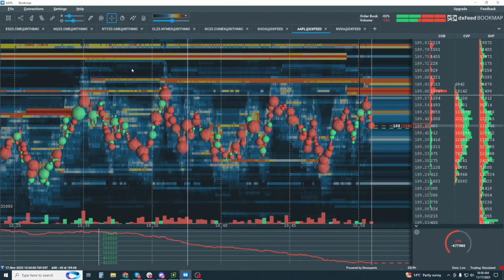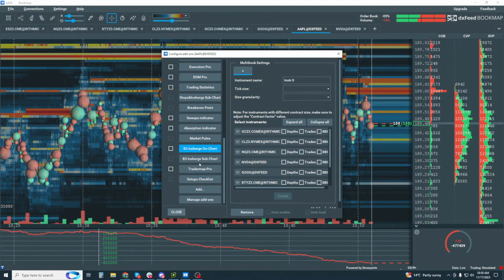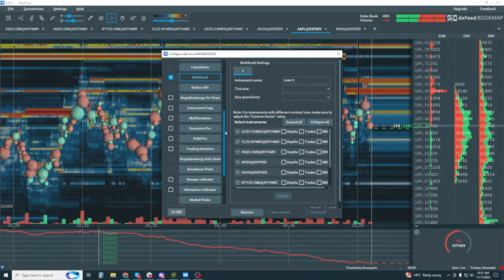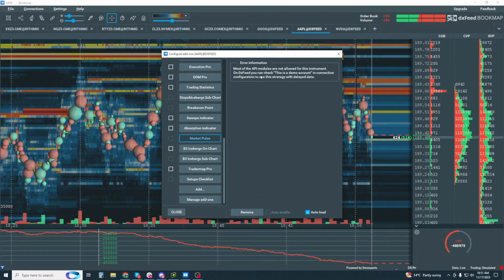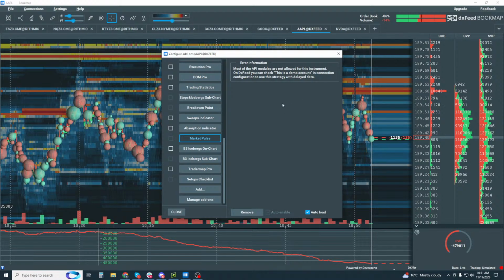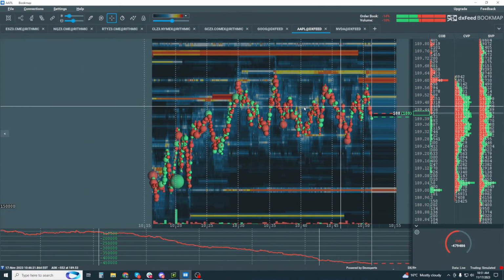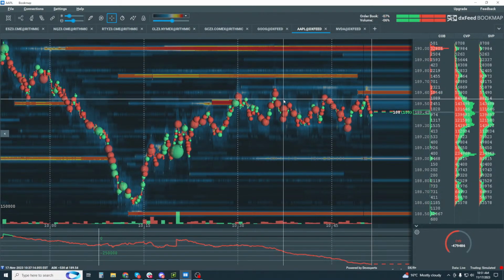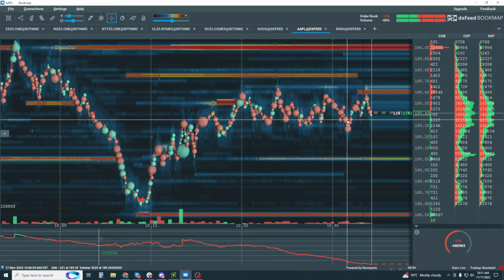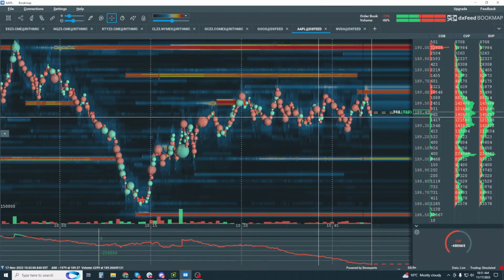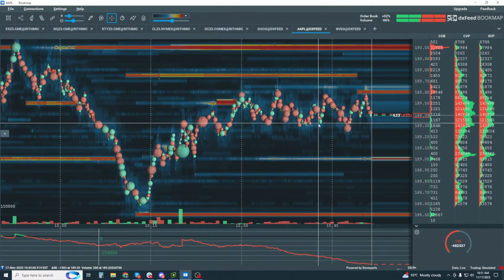Should be for all instruments. Yeah, I don't have access to it. That's a pity. Anyway, you guys get the idea. Adding a multi-choice instrument. That's what it's called, a multi-choice.